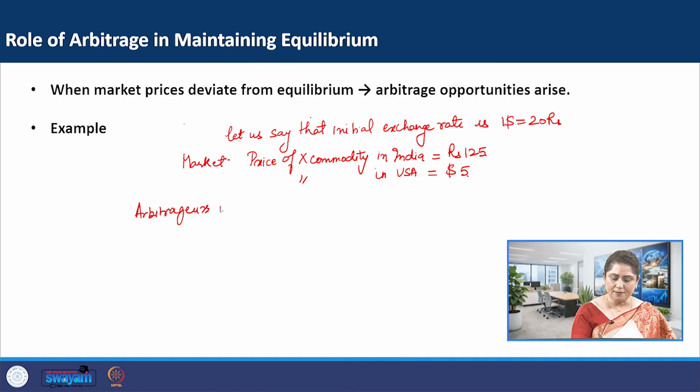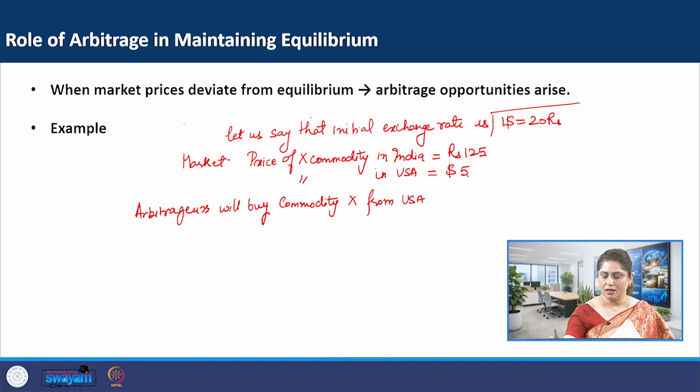They will buy commodity X from USA at the initial exchange rate that we were having, and the total cost is going to be 5 into 20, which is 100 rupees.